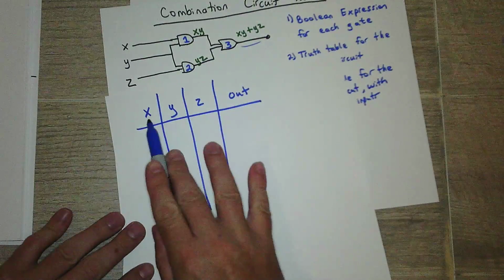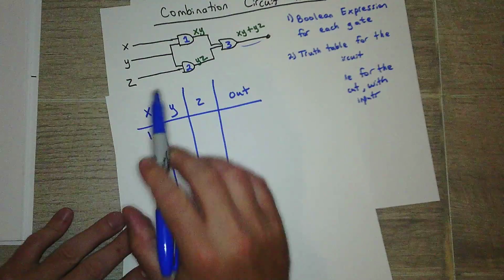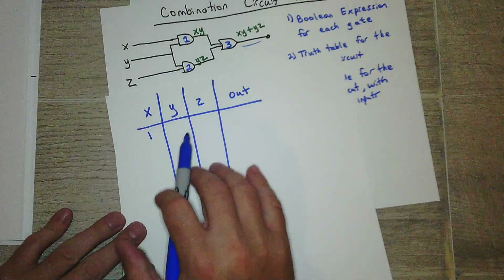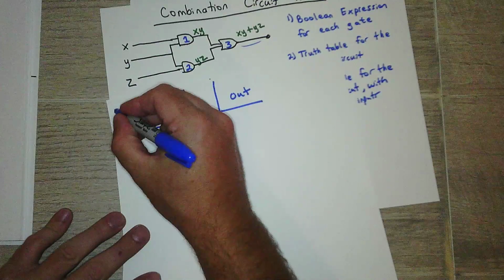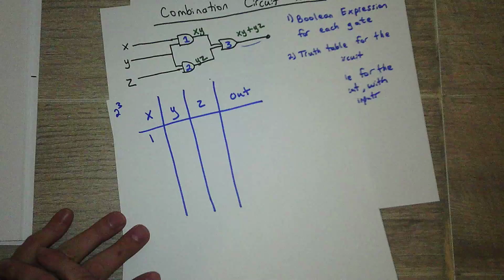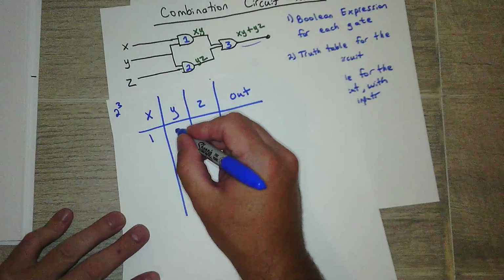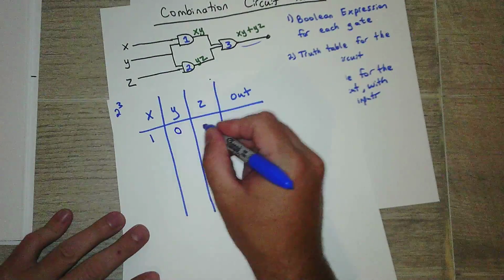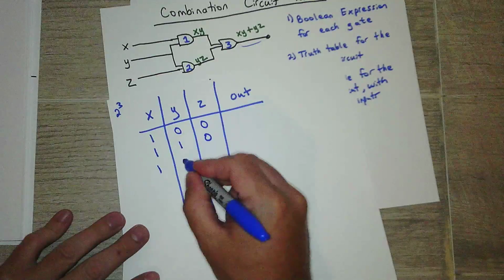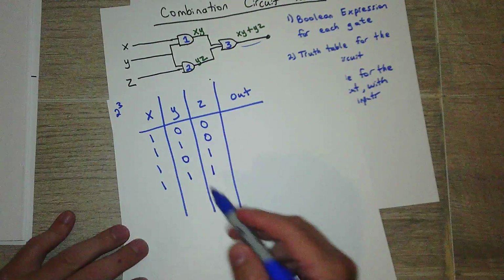Okay, so think of all the combinations. How many different combinations should we have? Remember how to find that, however many inputs you have. That's 2 raised to the power of 3. We have 3 inputs, so it's always 2 raised to how many inputs you have. So we should have a total of 8 combinations. So we do 1, 0, 0, 1, 1, 0, 1, 0, 1, and then all ones.